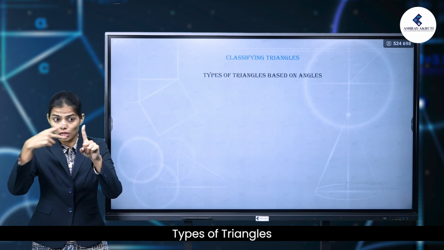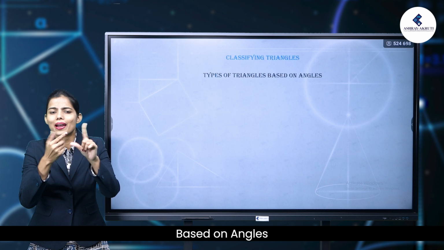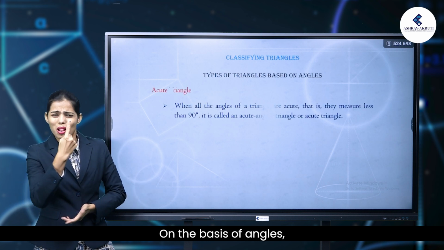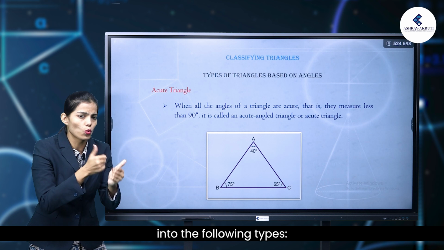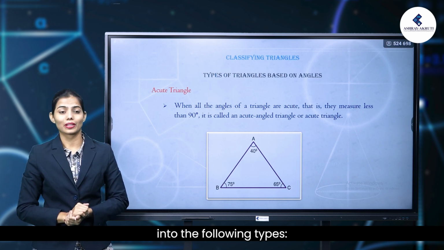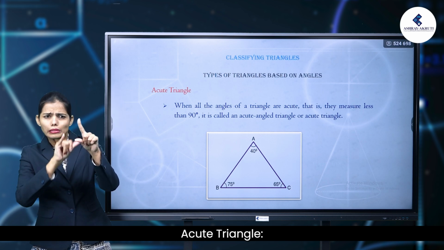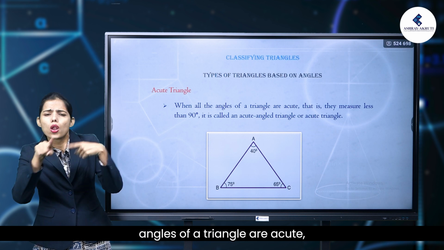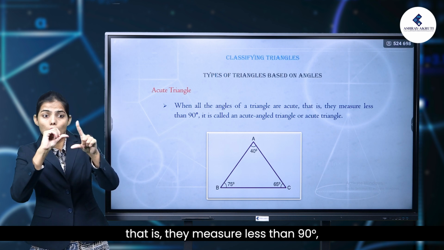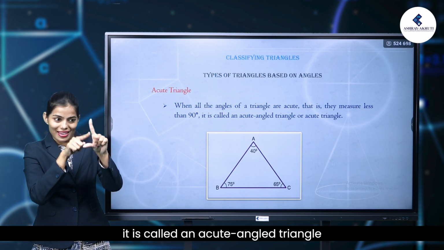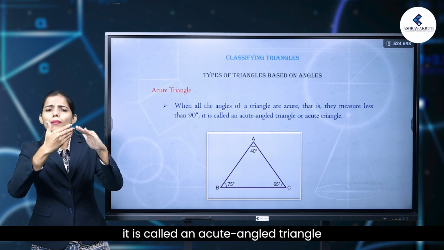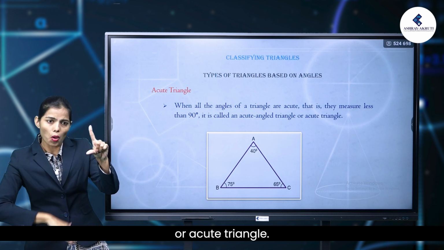Types of triangles based on angles. On the basis of angles, triangles are classified into the following types. Acute triangle. When all the angles of a triangle are acute, that is, they measure less than 90 degrees, it is called an acute angle triangle or acute triangle.